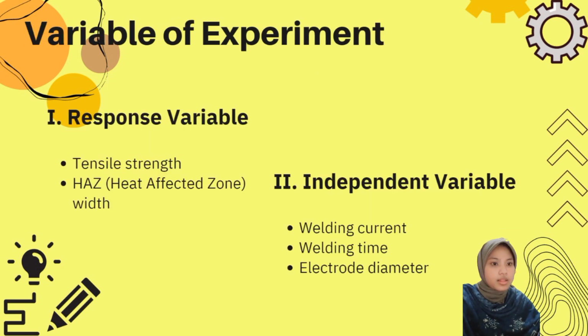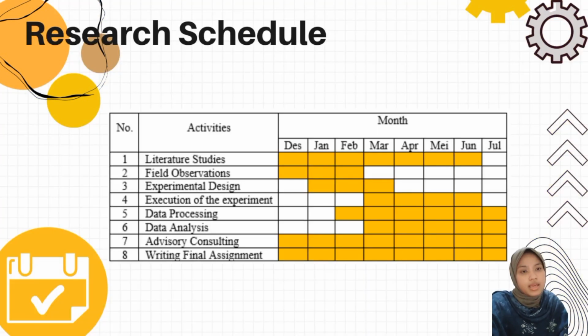Okay, this is variable of experiment. Has response variable. There are tensile strength, heat affected zone width, and then independent variable has welding current, welding time, and electrode diameter. Then research schedule.